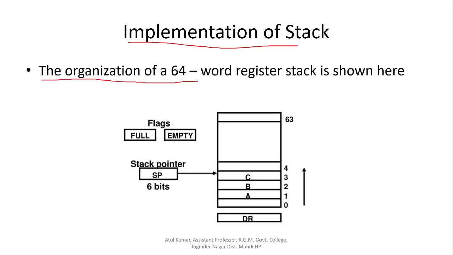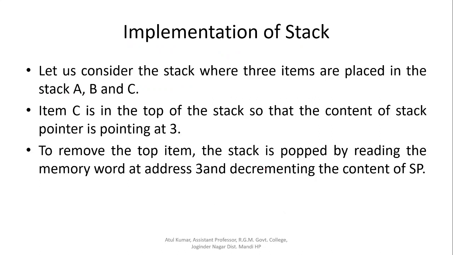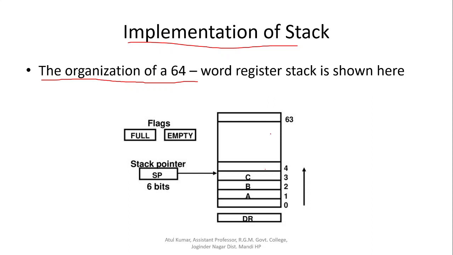The organization of a 64-word register stack is shown here. This one is a 64-word register stack, starting from 0 up to 63. The first position is 0, the second position is 1, the third position is 2, and so on.